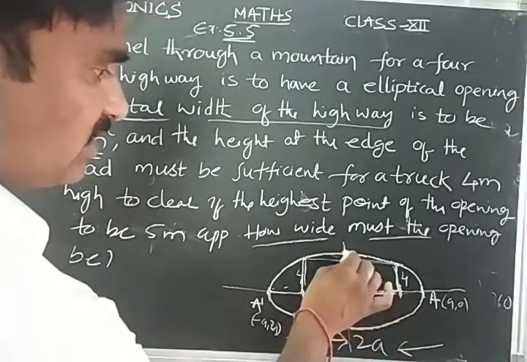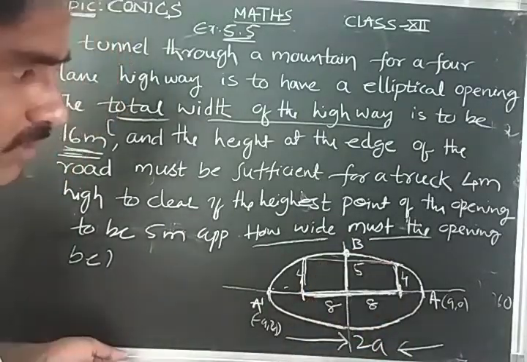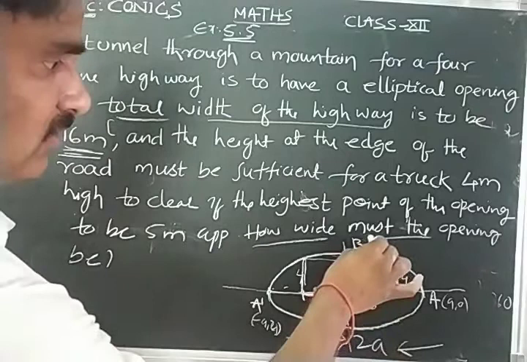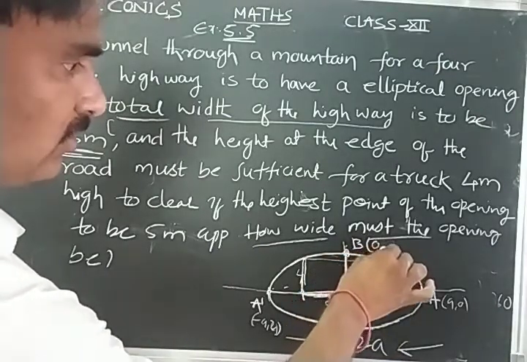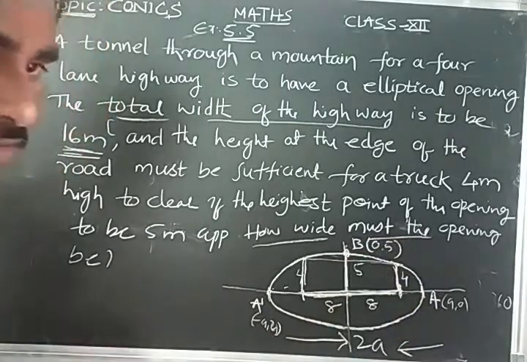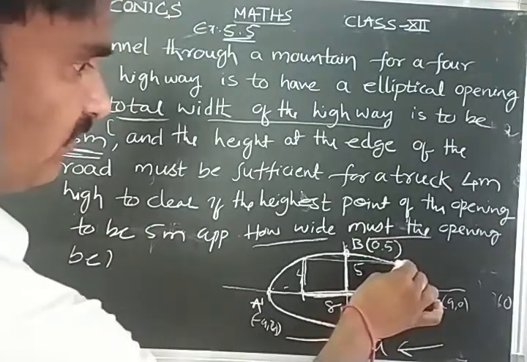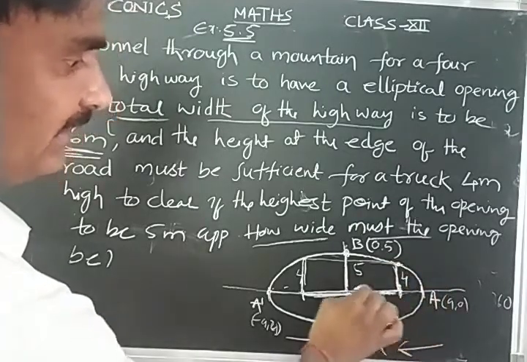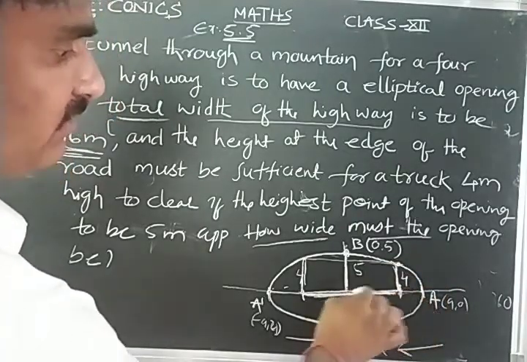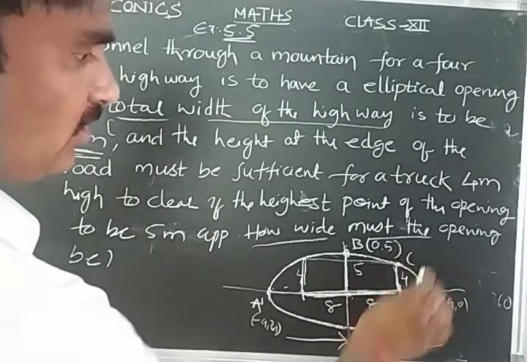Right. Here, suppose this is one end point of the minor axis. What is the point? It is lying on the y-axis, no? 0 comma 5. Okay, right. If I take a point at the edge, at a distance of 8 meters away from the center, what are the coordinates?